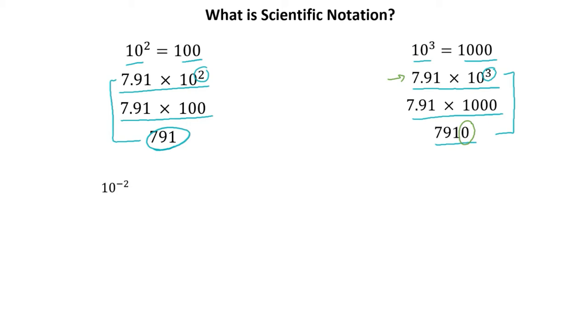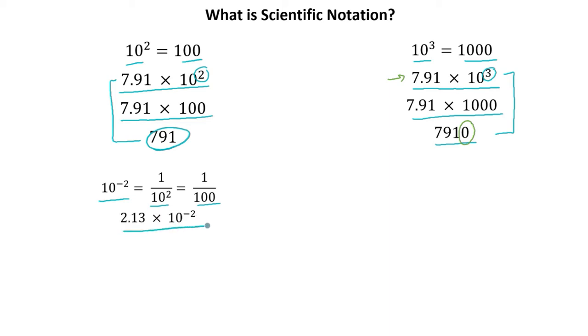This time, instead of having 10 squared, let's go 10 raised to the negative second. Now, a negative exponent just means you take the inverse. So 10 raised to the negative 2 is simply 1 over 10 squared, which of course is 1 over 100. So you can either think of this as multiplying by the fraction 1 over 100 or dividing by 100, whichever way makes the most sense to you.